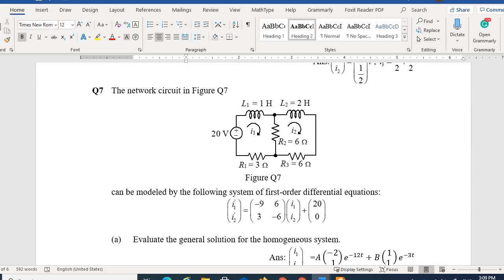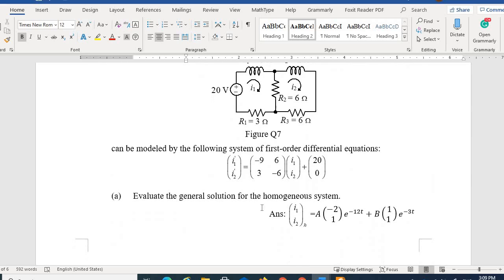Some questions, like question 7, say the network circuit in the figure can be modeled by the following system of first order differential equations. They didn't ask you to show, so you can straight away solve for this non-homogeneous system, because the question straight away asks for the general solution. So it depends on the questions.